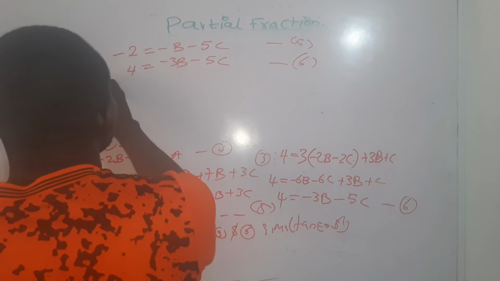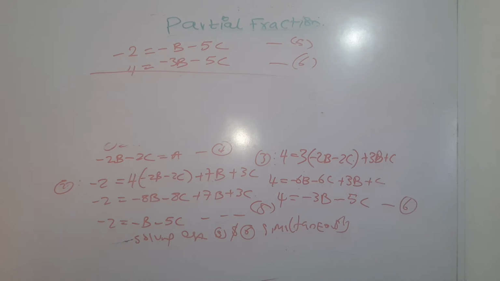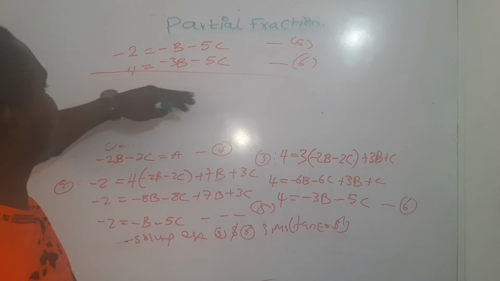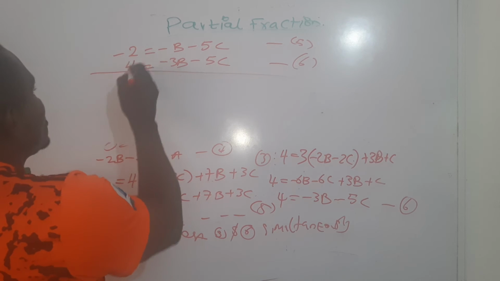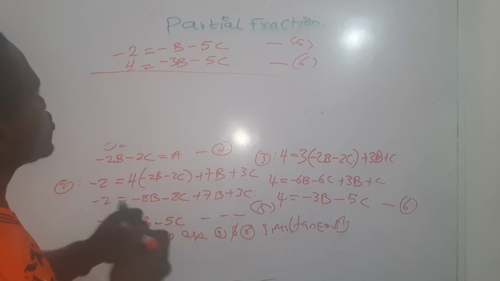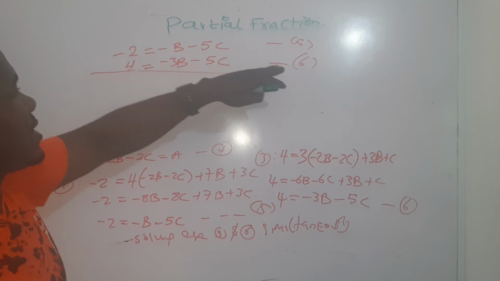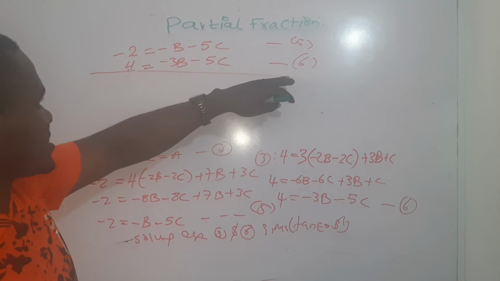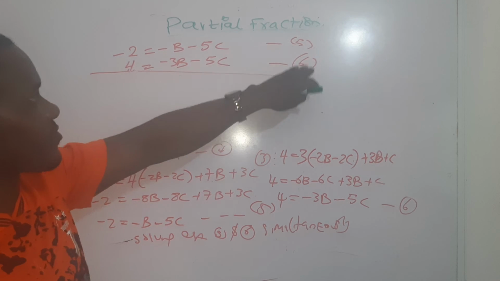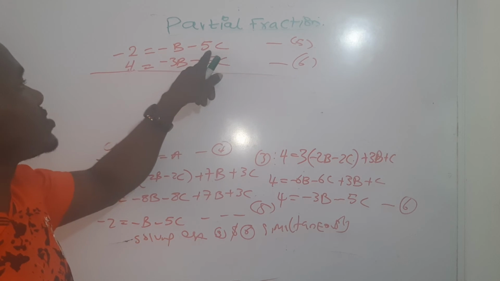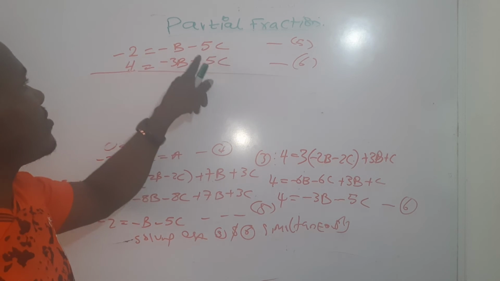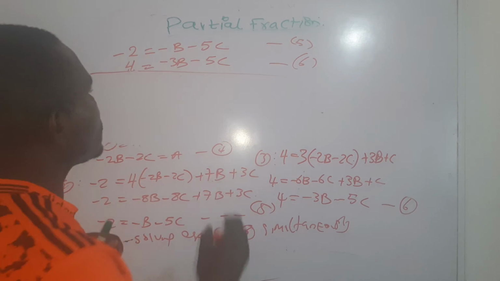Now, I'm going to use the elimination method. Let me write this very well. I have 4 here. You will see that if I subtract equation 6 from 5, the c terms will cancel.